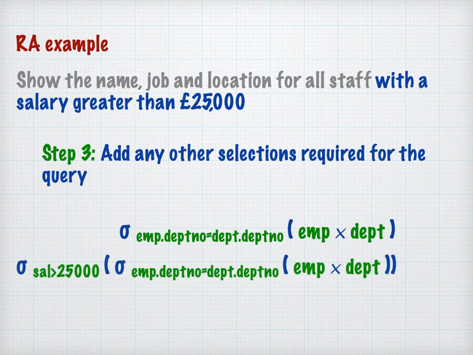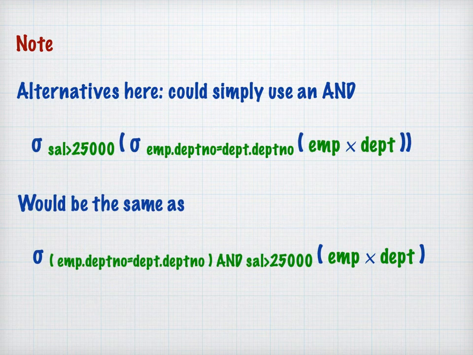We could actually add another selection on the outside. So you can see we've got an inner selection, only keep the rows where the department numbers are the same. Then we've got an outer selection which says only keep the rows where the salary is greater than 25,000. We could write that in an alternative way, using an and. That would be absolutely fine.